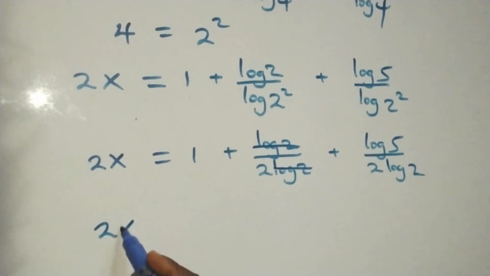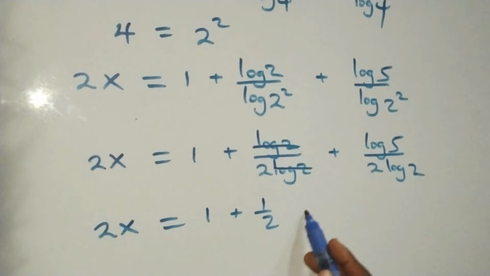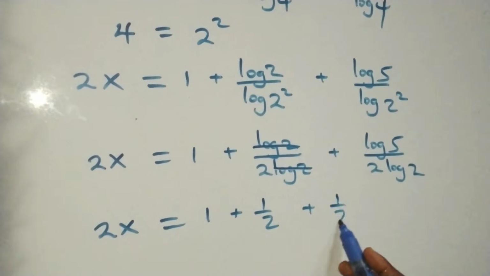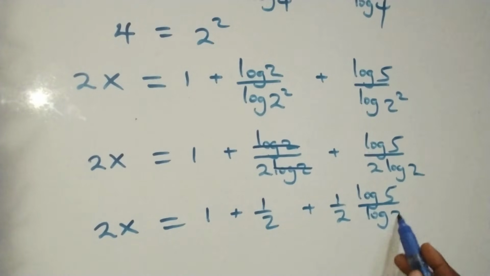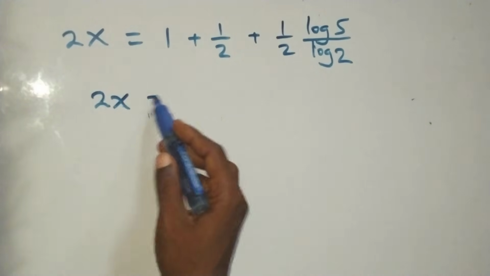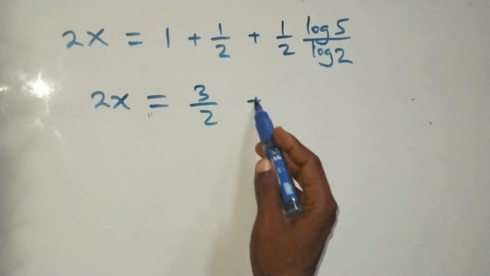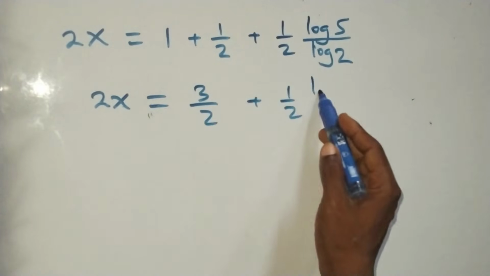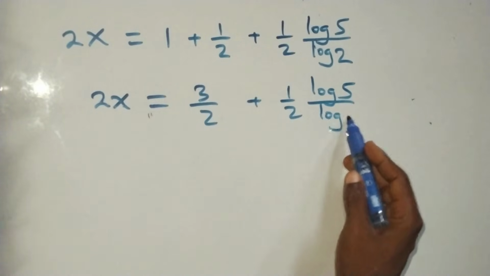This becomes 2x equals 1 plus 1 over 2 plus 1 over 2 times log 5 over log 2. Next step, what we have becomes 2x equals 1 plus 1 over 2, that's 3 over 2, plus 1 over 2 times log 5 over log 2.